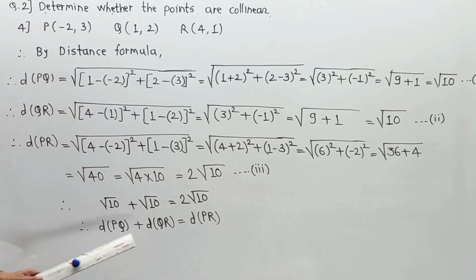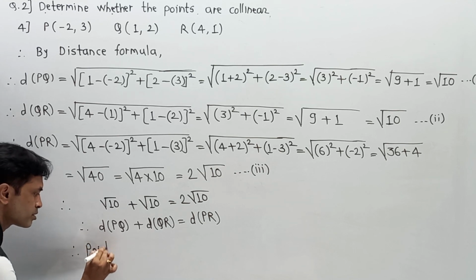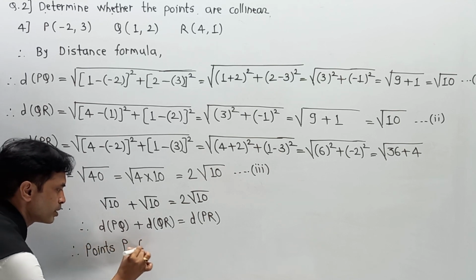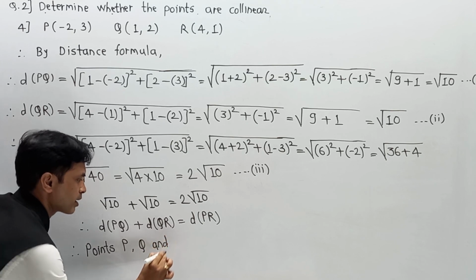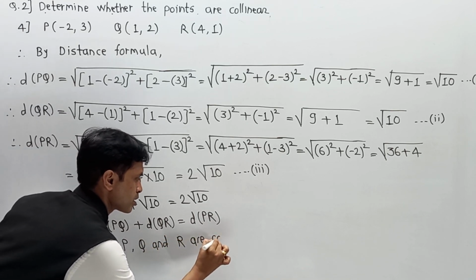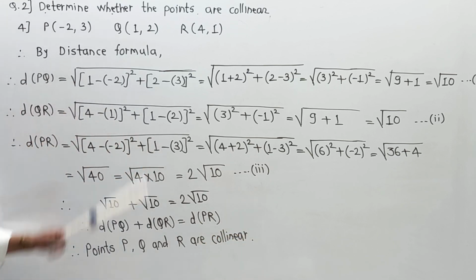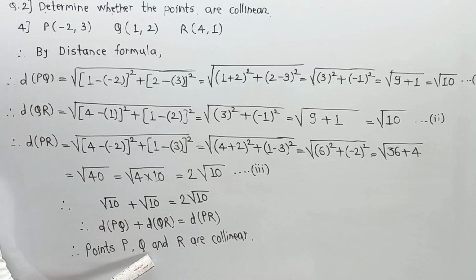Naturally, points P, Q and R are collinear. And in this way, we can complete the numerical over here. And in this case, point P, point Q and point R are collinear points.